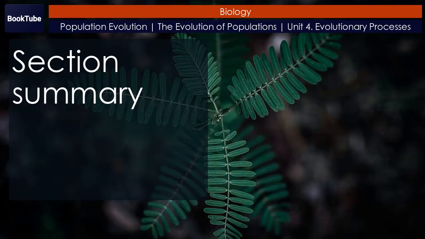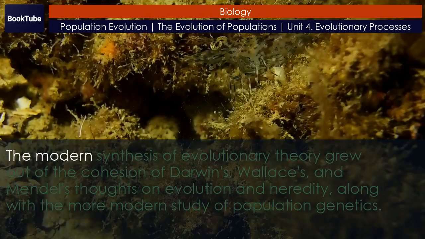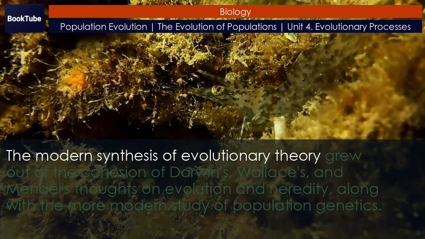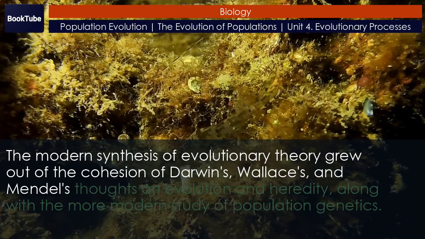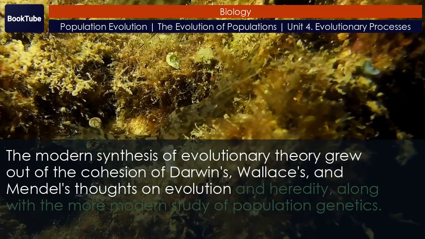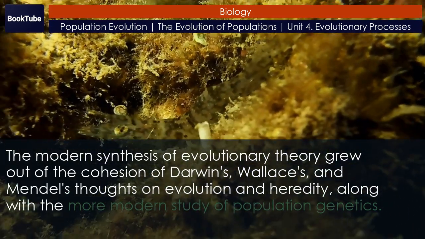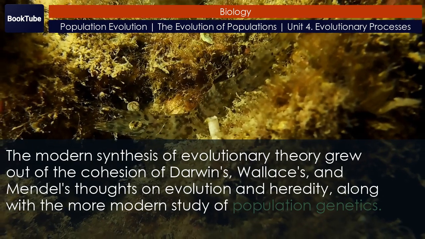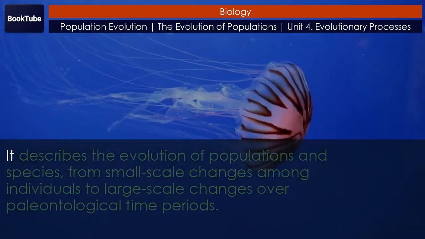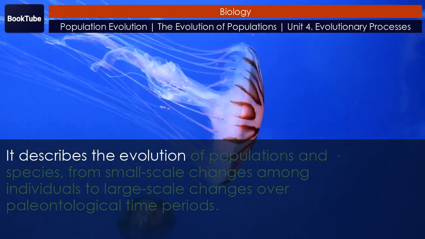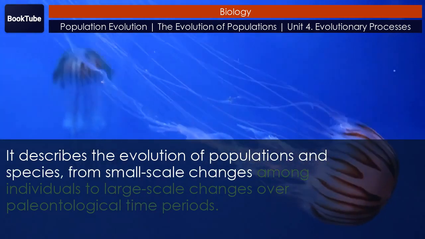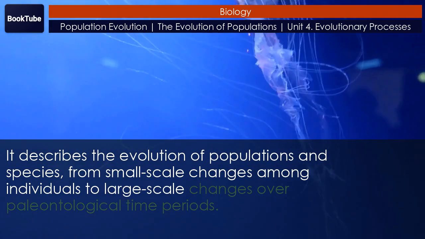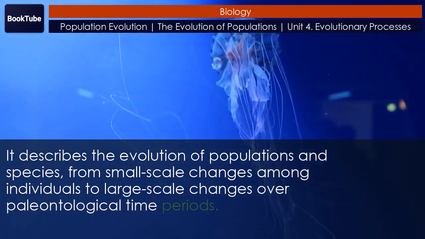Section summary. The modern synthesis of evolutionary theory grew out of the cohesion of Darwin's, Wallace's, and Mendel's thoughts on evolution and heredity, along with the more modern study of population genetics. It describes the evolution of populations and species, from small-scale changes among individuals to large-scale changes over paleontological time periods.